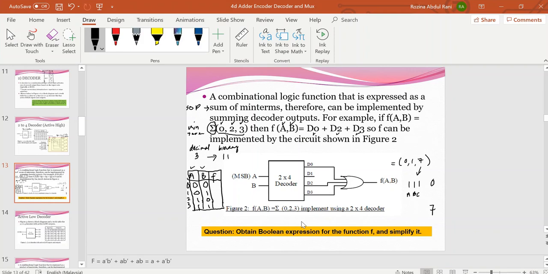If the Boolean function has a decimal number with 2 digits, for example 0, 2, 10, let's say 10, it means the variables involved in your truth table go up to 4 variables, A, B, C, and D. Because if you convert 10 into a binary number, 10 is equal to 1, 0, 1, 0.